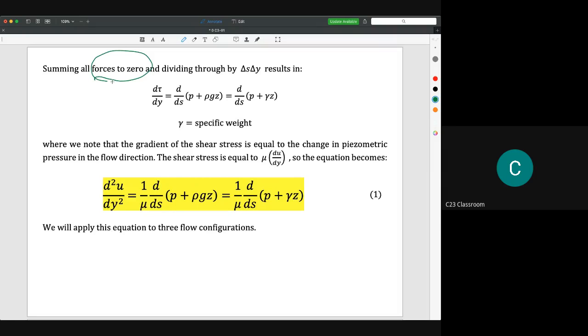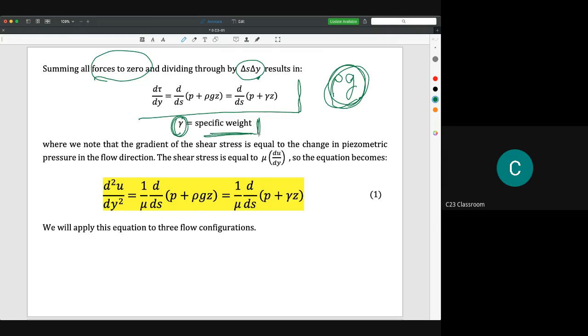We sum all the forces to 0 because we are in equilibrium, so the forces are in a balanced condition. Then we divide by delta S and delta Y, so finally we get this one. Then we have rho and g, and we substitute the value of rho and g with gamma, which means the specific weight.